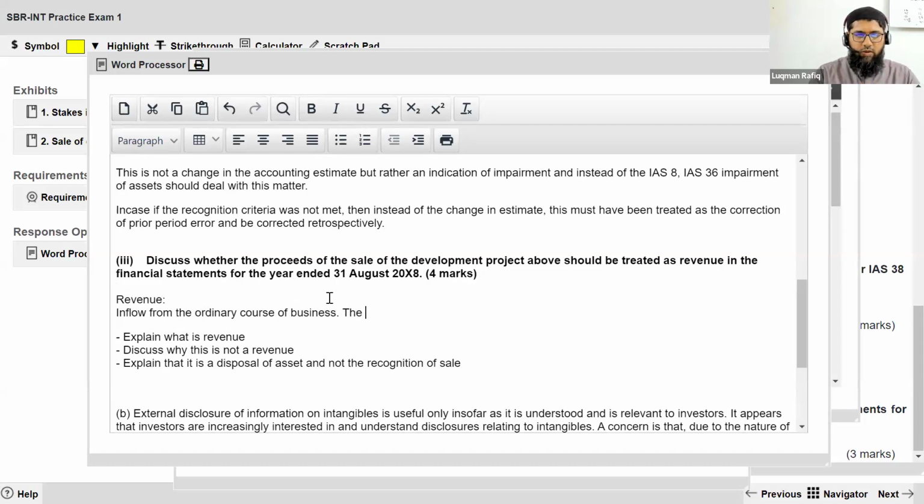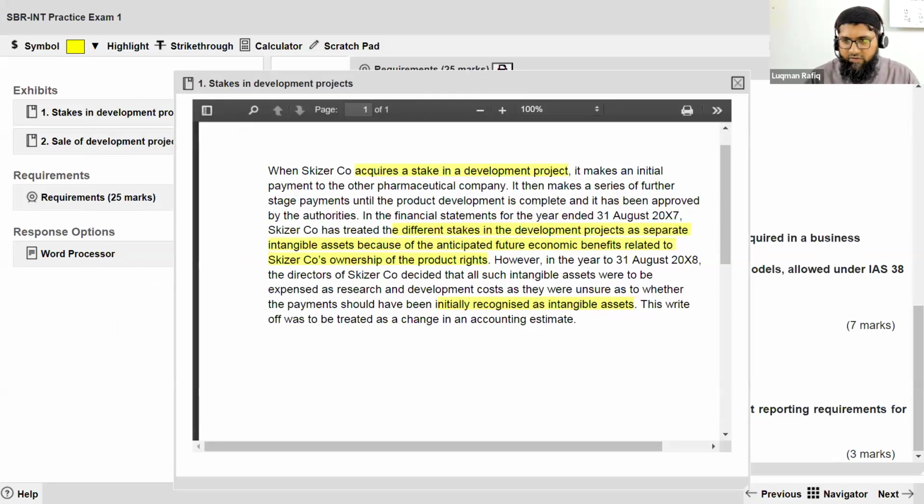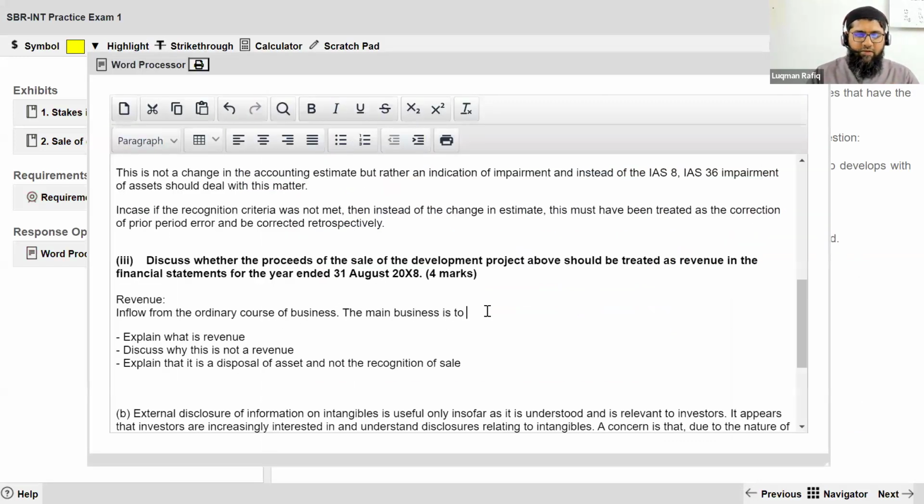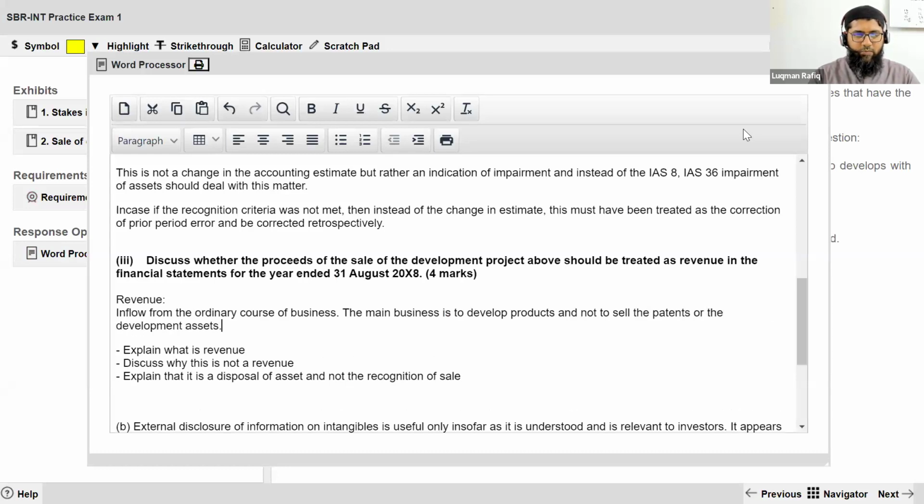The main business is to, what is the main business? Let's just discuss a bit here. The main business is to develop products and not to sell the patents or the development assets.